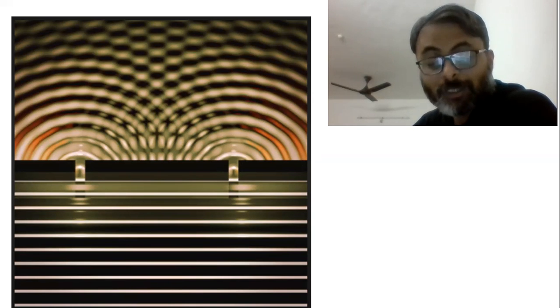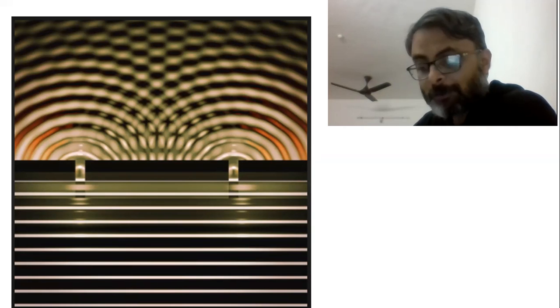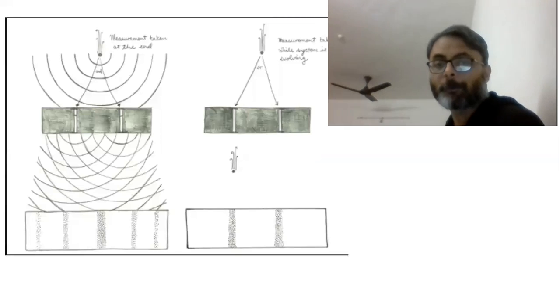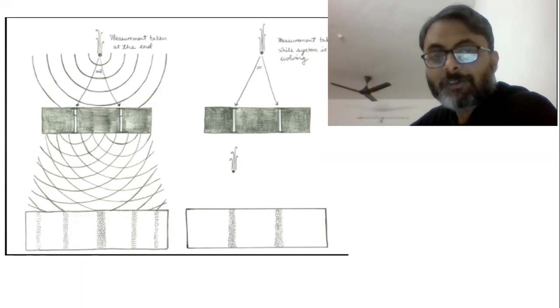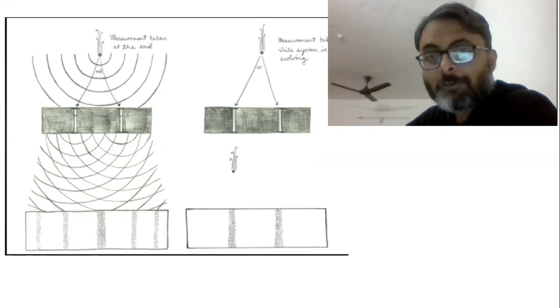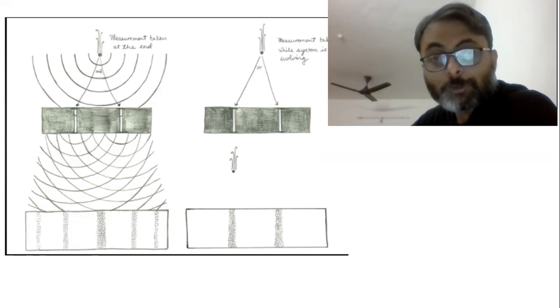But even with photons of light, if a single photon is passed, the interference pattern still happens. And more importantly is this second diagram. This interference pattern is seen even with a single photon or an electron, but as soon as a measurement is taken, which is also very interesting.